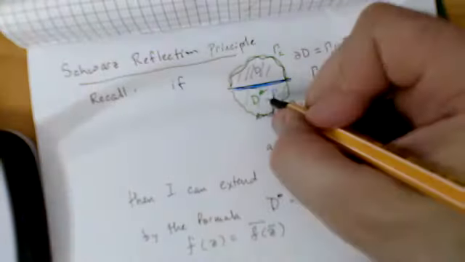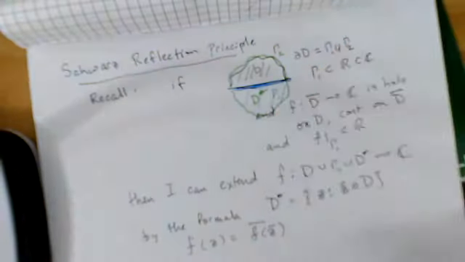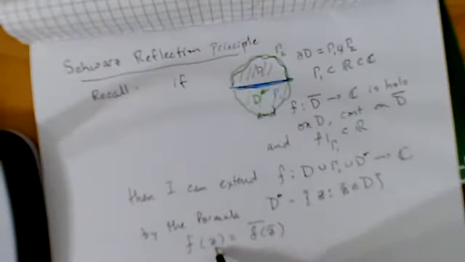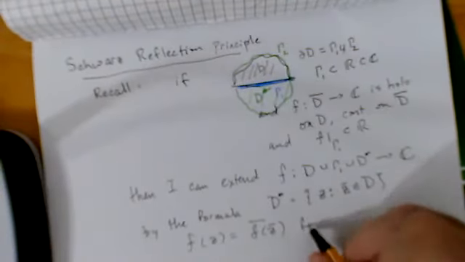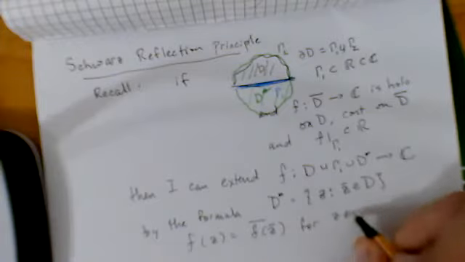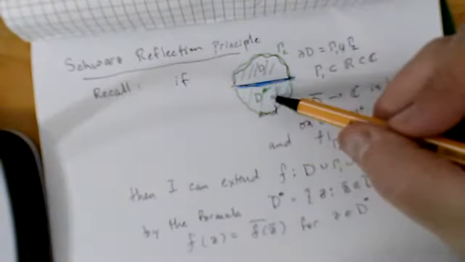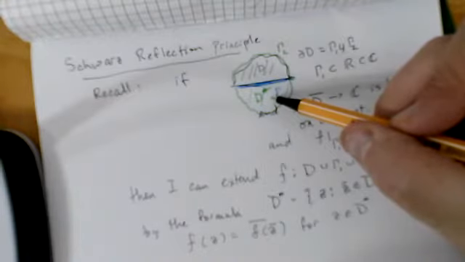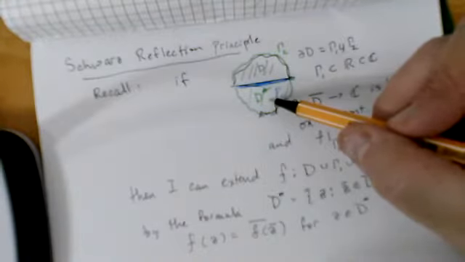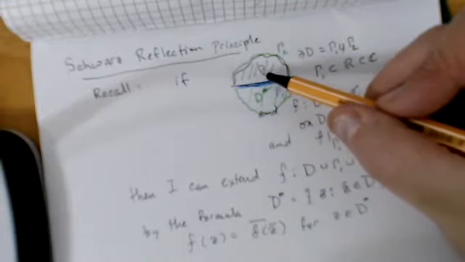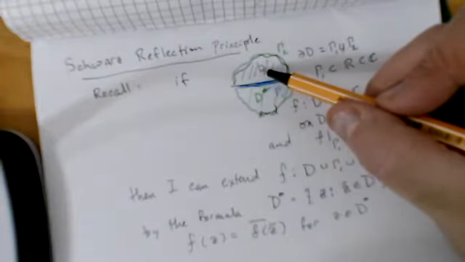For any point down here in this green part, I'm going to say that the value of F at this point is the complex conjugate of F at z bar.